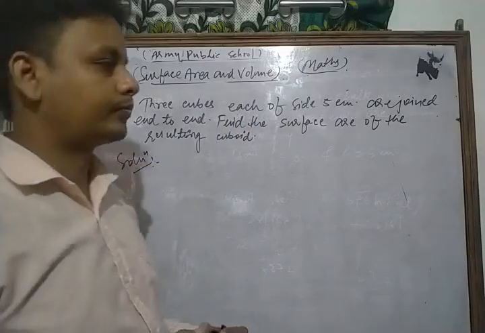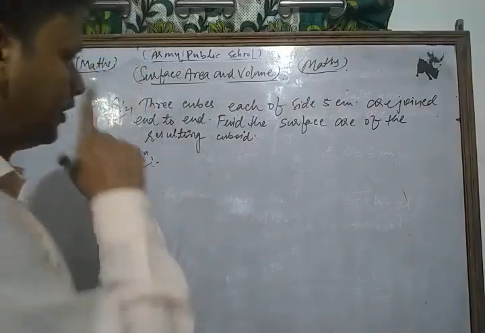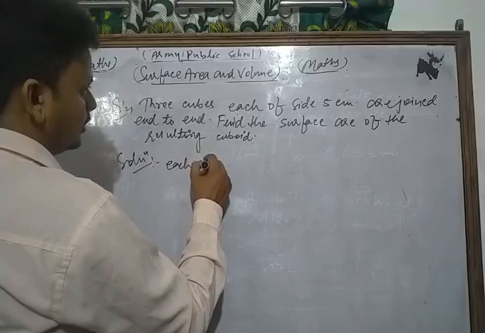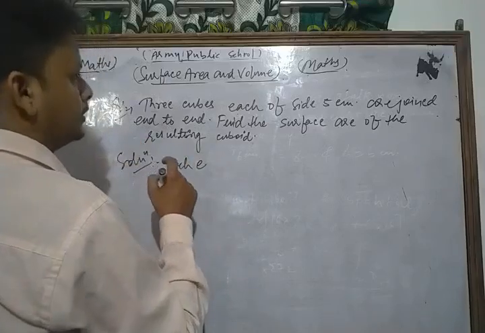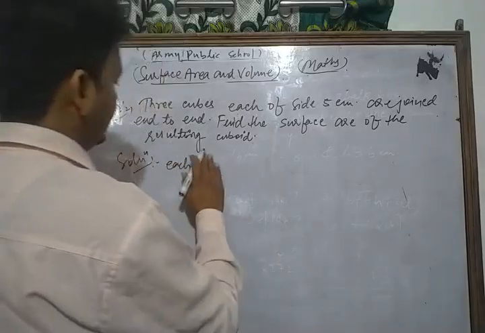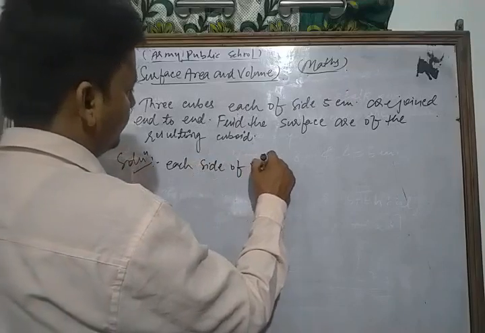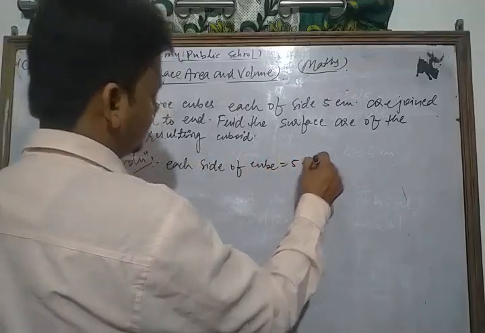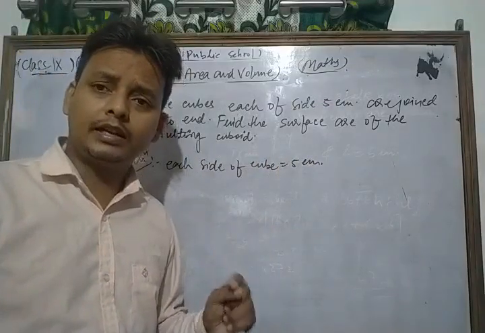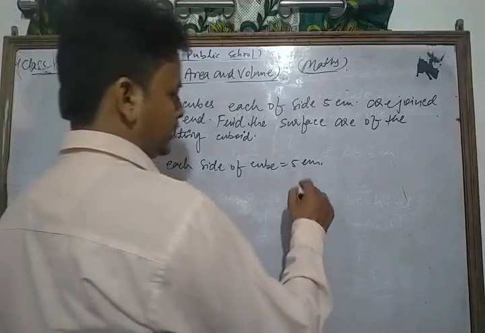Now look, this is also a very important question, dear students. Let's see. First of all, given: each side of a cube is 5 centimeter, and in that question 3 cubes are joined end to end. Joined in this way.